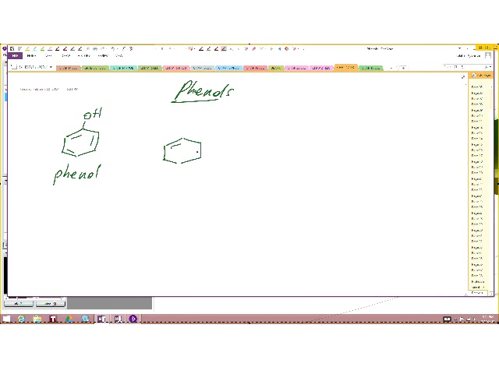We also call this a phenol. Phenol is a class of compounds in which the hydroxy group is attached to the benzene fragment. This will also be called a phenol. As you can tell from the previous chapter, this here is also a phenol. As long as you have the hydroxy group attached to the benzene molecule, then we say that is a phenol.